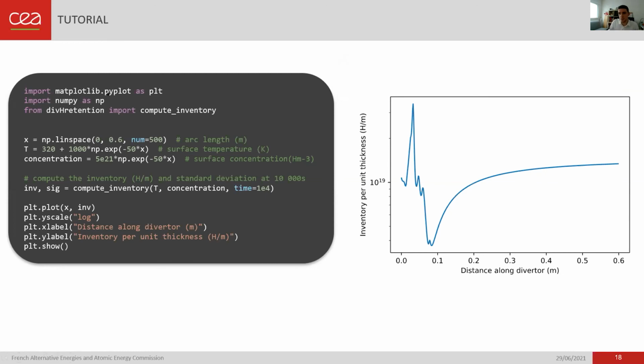But that's the main usage: you can simply define an arc length, so that's x here, a surface temperature distribution, T, and a surface concentration distribution, and simply use the compute inventory function from that package, for a given time, and that will produce that inventory. It's a bit weird, but that's because these were completely dummy values for the distributions. But that's as easy as that.